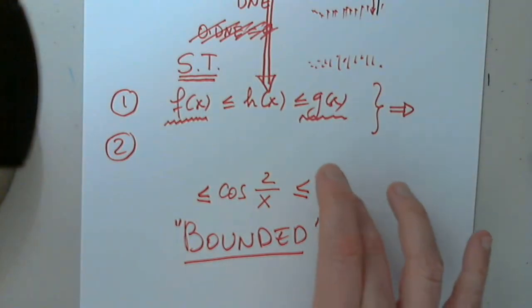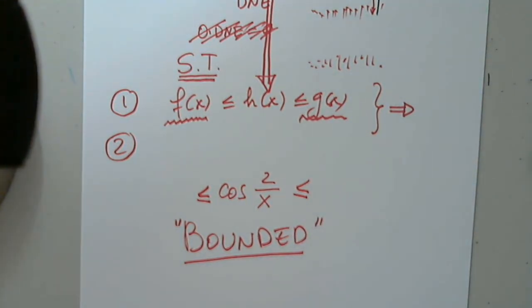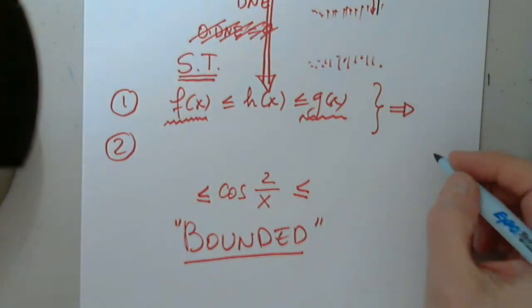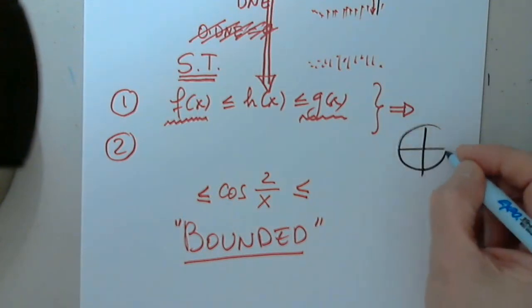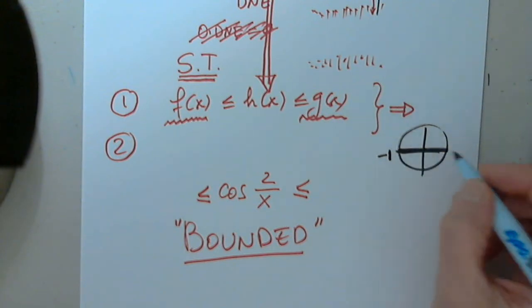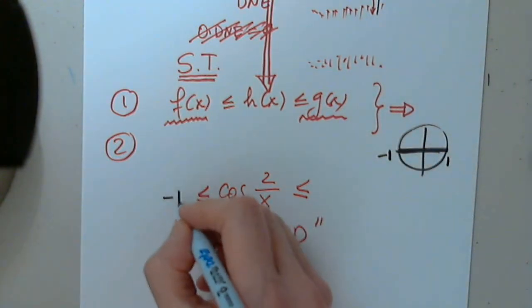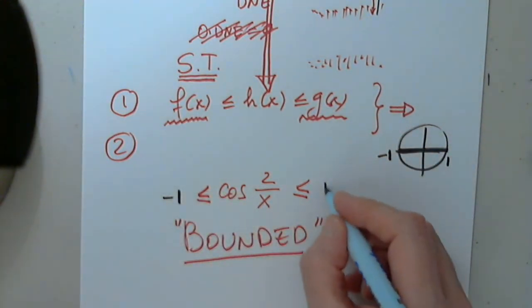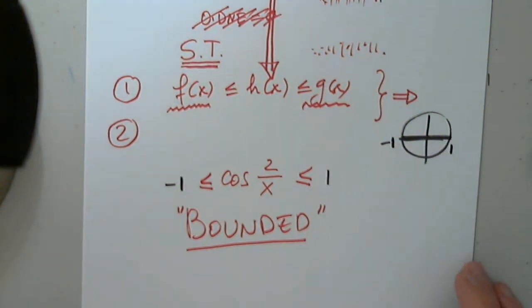So what is the upper possible value for any cosine, and what is the lower possible value for any cosine? 0 and 1. Careful. Let's look at the unit circle. 1 and -1. Correct. -1 here, we measure it on the x-axis, and 1 here. So the smallest possible value is -1, and the largest possible value is 1.